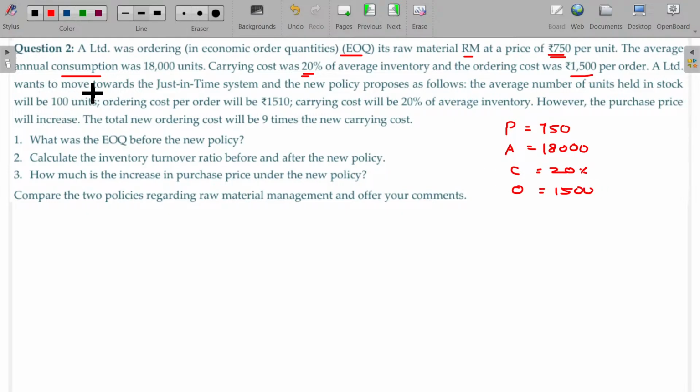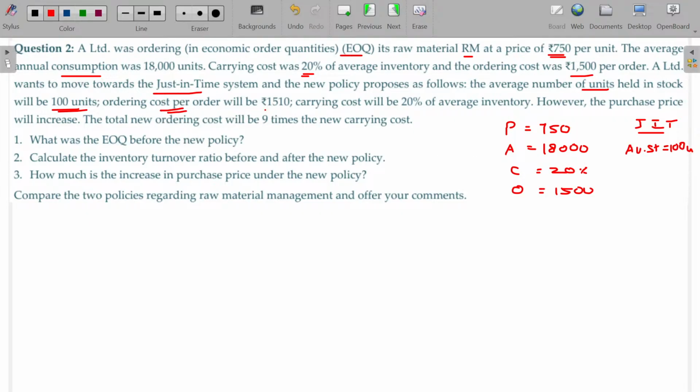A Limited wants to move towards just-in-time system. The new policy proposes as follows. The average number of units held in stock will be 100 units. In case of JIT, average stock will be only 100 units.